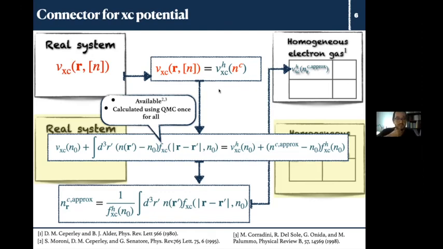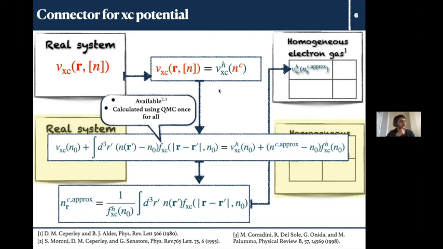I'm wondering if you have such a self-consistency for each step of your Kohn-Sham. When you fix the density, I understand, but as soon as you do a real system, do you also need an extra self-consistency for solving the connector density? So I have two questions.